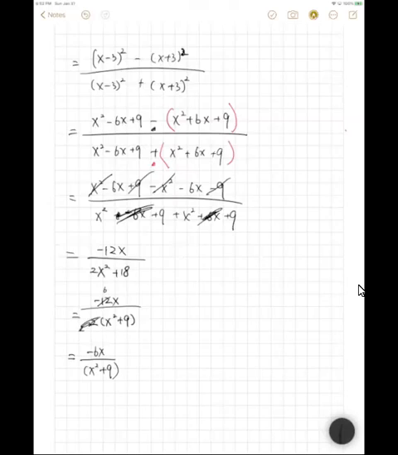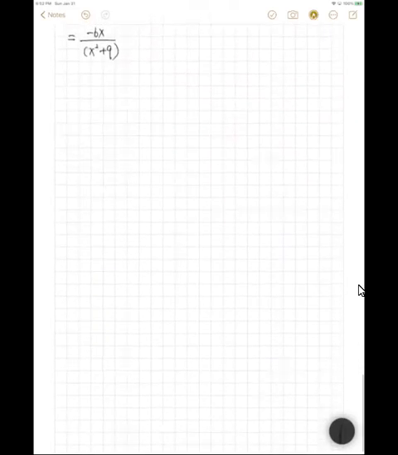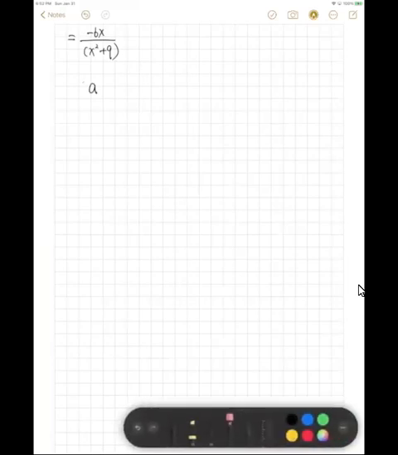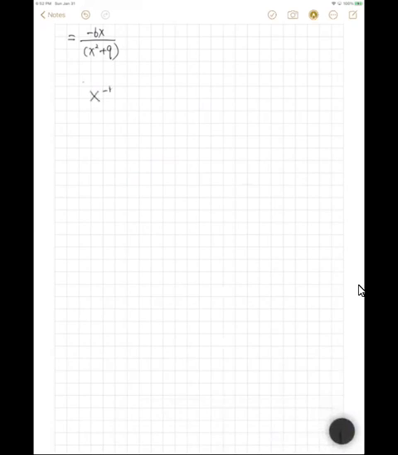Okay, let me give you the last example. Remember when we learned exponents, how we converted each expression into exponents. If I have x to the negative b power, that means it's 1 over x to the b. For example, 4 to the negative 2 power is equivalent to 1 over 4 squared, which is 1 over 16.